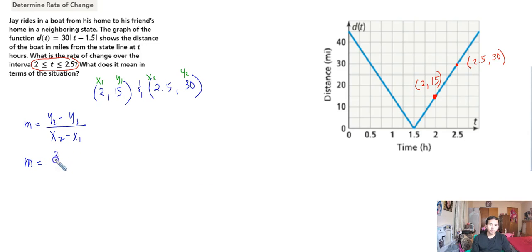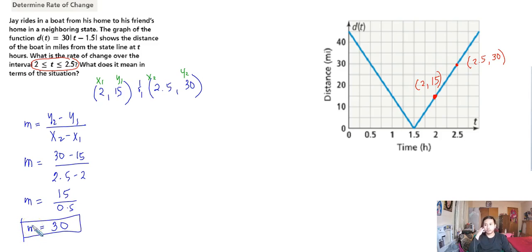So m is 30 minus 15 divided by 2.5 minus 2, which gives m equal to 15 over 0.5. Therefore, our rate of change, which is the slope, is 30.